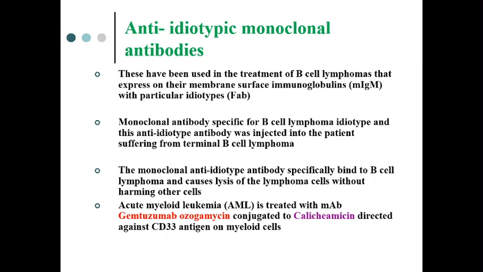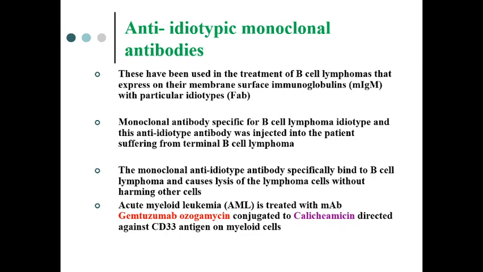So B cell lymphomas can be treated using anti-idiotypic antibodies which carry the toxic payload of any chemotherapeutic drug or a radionuclide, delivered specifically onto the surface of the B cell lymphoma, thereby bringing about killing of the B cell lymphoma.